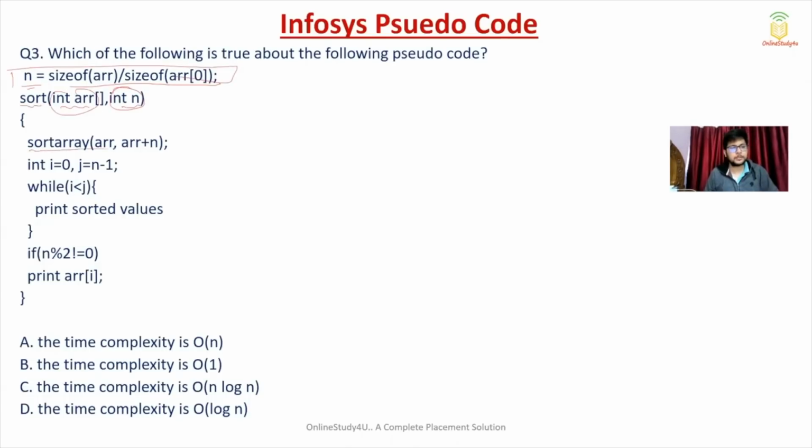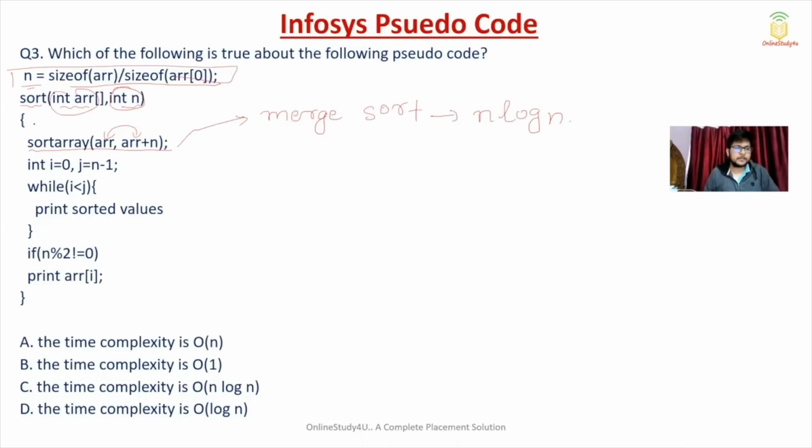Then I use sort array arr plus n. Those of you who know, this function uses merge sort, and the time complexity for merge sort is n log n.